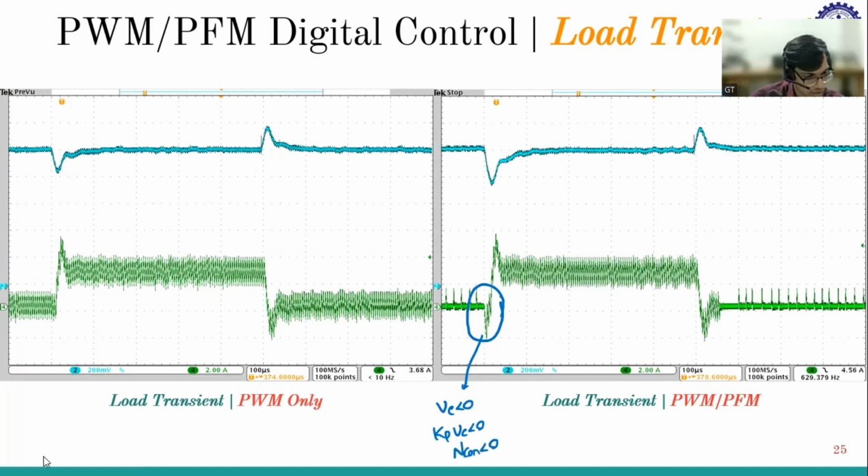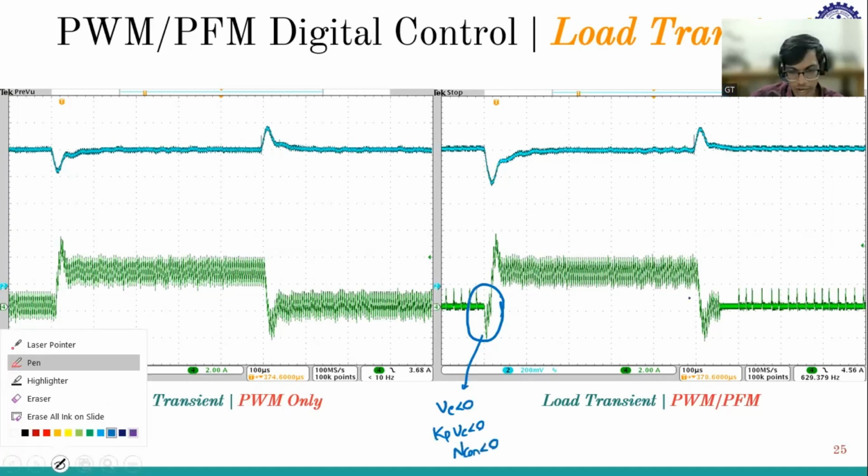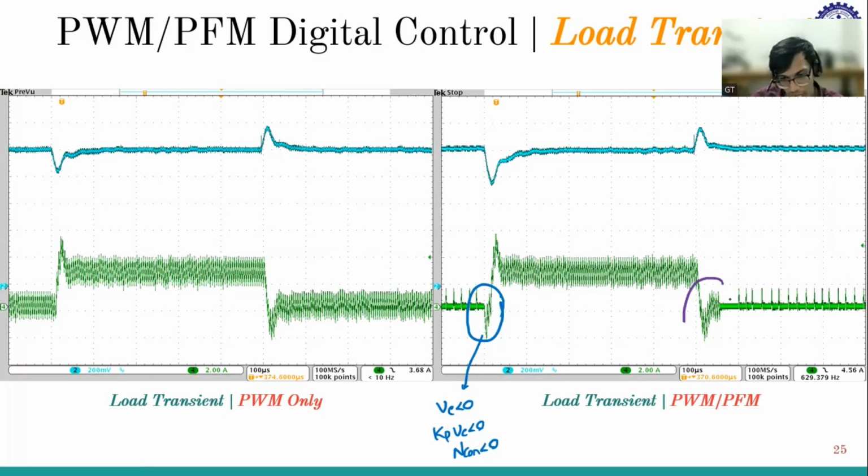And here again we are allowing 10 cycles of CCM operation to reduce the V naught overshoot.